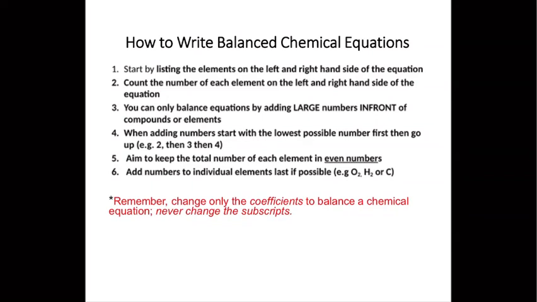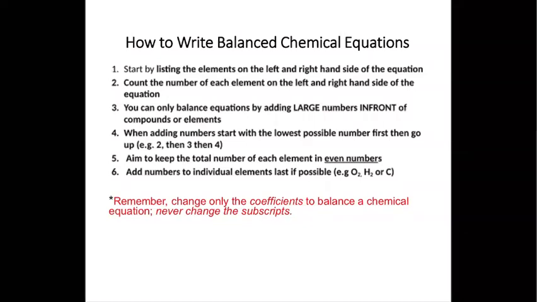So these are just guidelines for how to write balanced chemical equations. You start by listing the elements on the left or the right side of the equation, meaning if you know the name of the compound, then you're going to write their chemical formulas. Then you're going to count the number of each element on the left and on the right, okay?